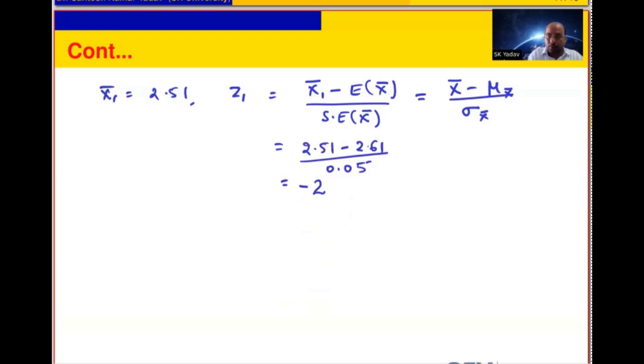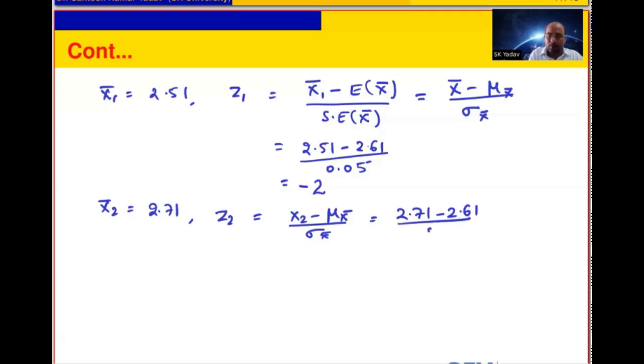Now for Z2, what do we have? X2 bar is equal to 2.71. So what is Z2? X2 bar minus mu of x bar divided by sigma of x bar. So this is equal to 2.71 minus 2.61 divided by 0.05, which is 2.